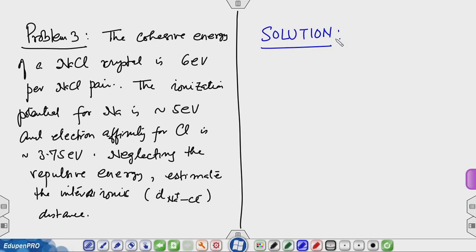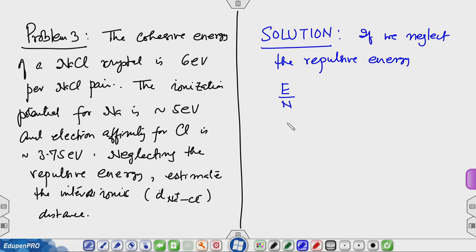So, if we neglect the repulsive energy, then the ionic energy E by n per pair is going to be minus alpha E square over 4 pi epsilon naught r, where r is the interatomic spacing. This is only with the ions.